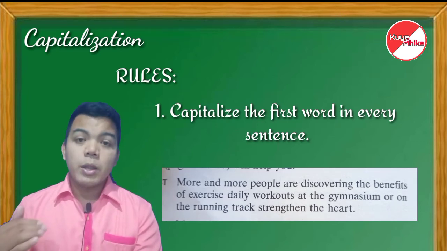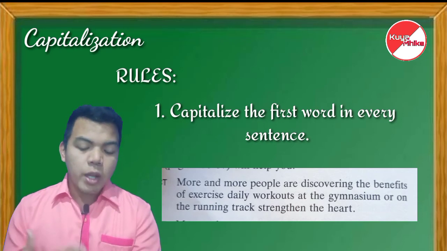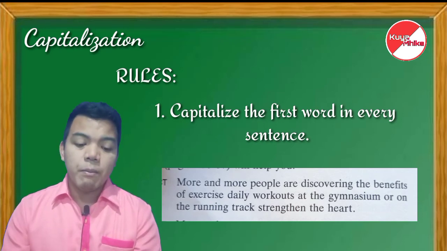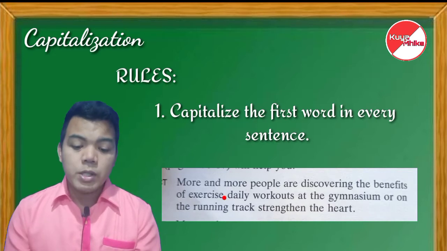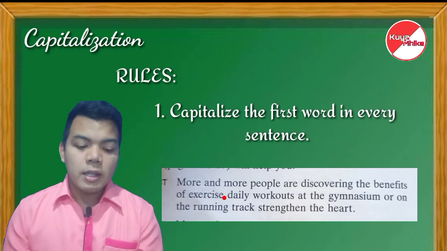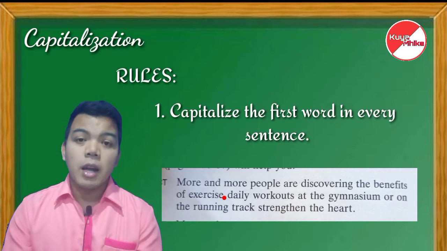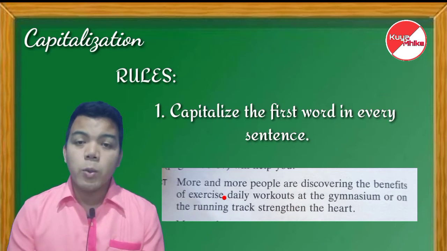So, yun yung incorrect. Then, the correct way is: more and more people are discovering the benefits of exercise, period. And then, daily workouts at the gymnasium or on the running track strengthen the heart. So, that is how we capitalize.